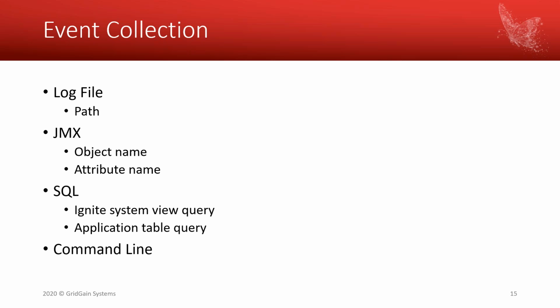Or you may have some application tables, and you may query some application tables to detect some event. If nothing helps, then you can always use some command line to automate. You can use a command line to get some event.